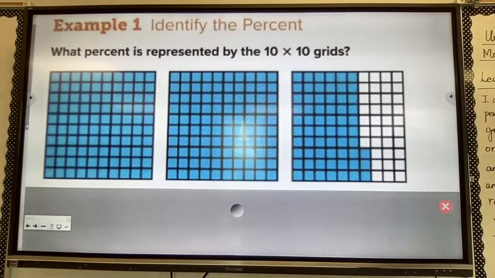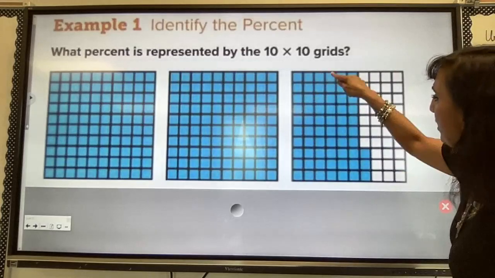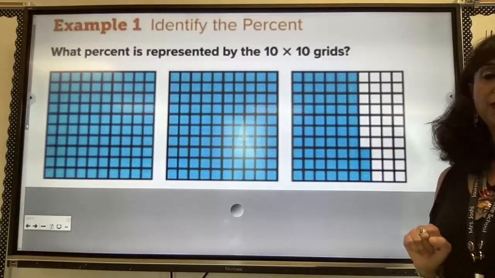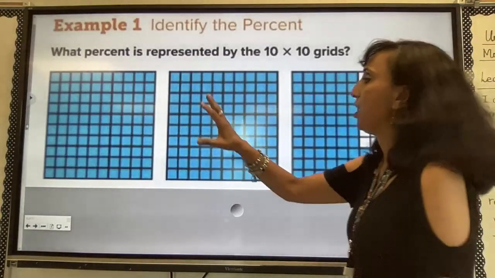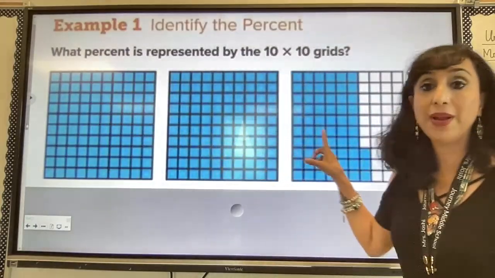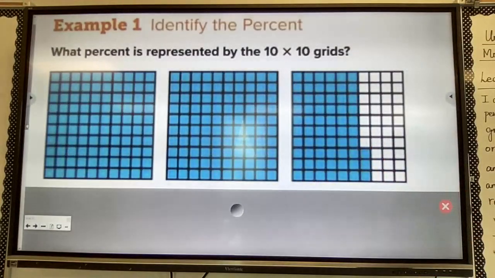And how many squares are shaded in the third grid? In the third grid, we have 10, 20, 30, 40, 50, 63. So how many squares are shaded all together? This is 100 plus 100, that's 200, plus 63. So 263 are shaded all together.